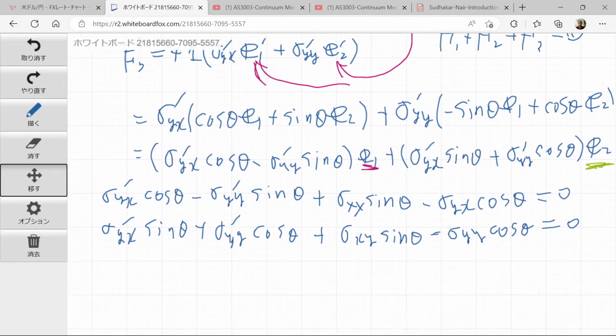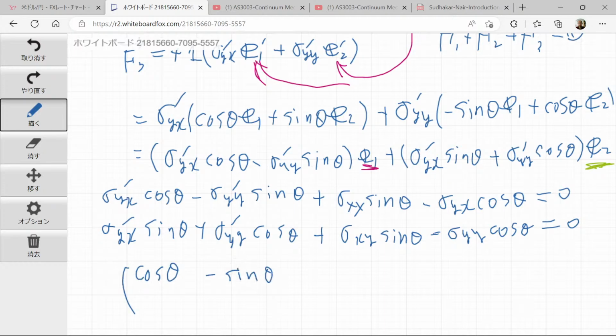So now we can simplify. So this is like a matrix with cos theta, minus sin theta, sin theta, cos theta, and then we have sigma yx prime, sigma yy prime.